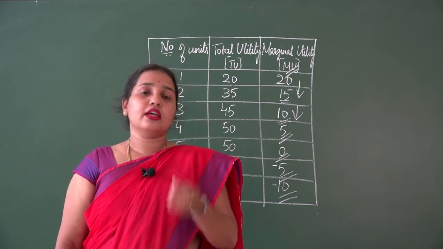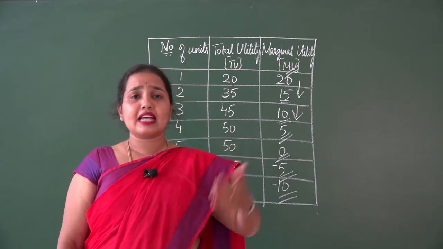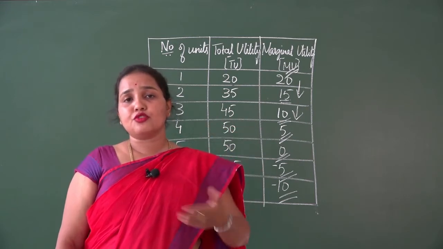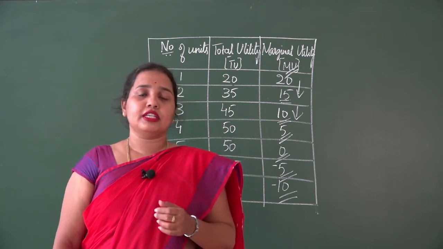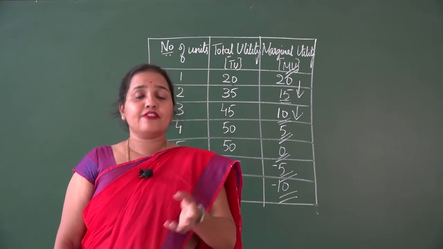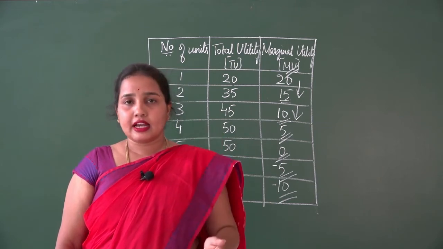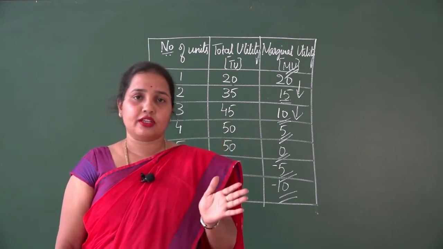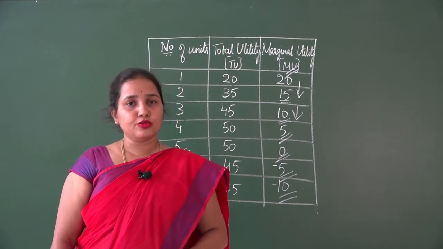This is the law of diminishing marginal utility, that is, as a consumer consumes more and more units of a specific commodity, the utility derived from each unit of the commodity will decline. It goes on diminishing. Now let us take up total utility.